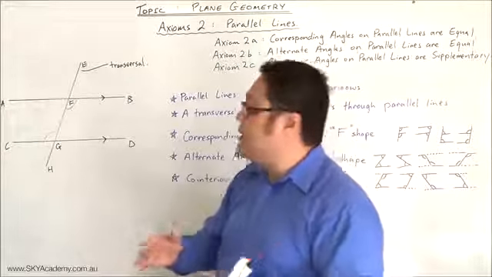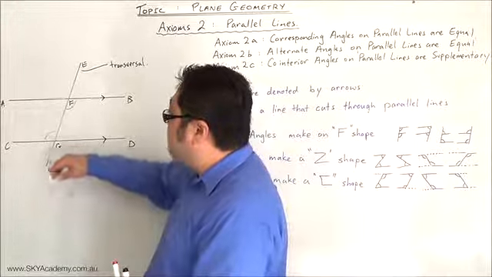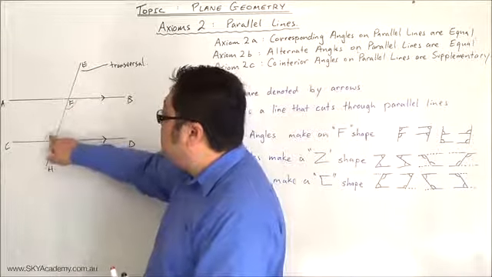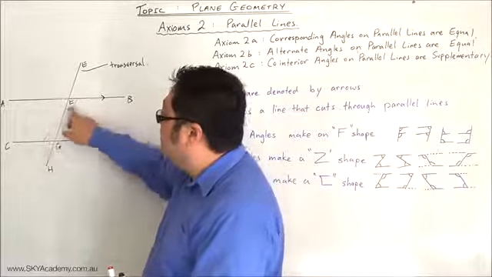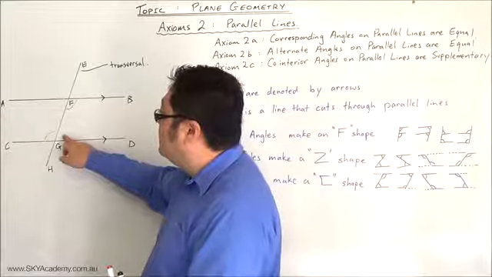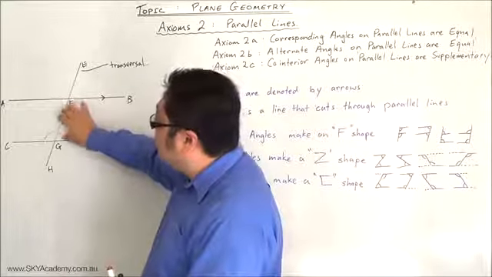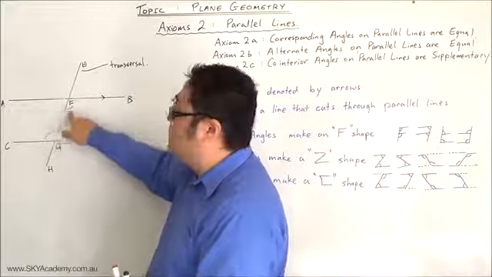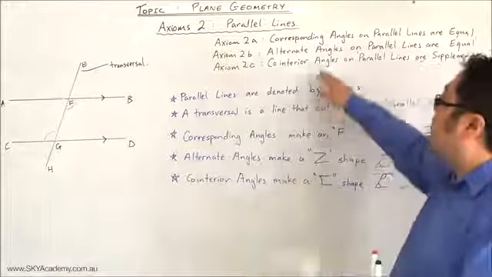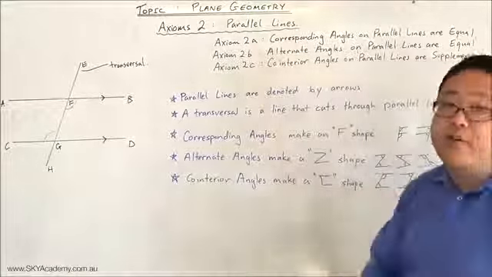And the reason why we can say that is these two angles here will make 180 degrees. These two angles are equal. This angle and this angle will equal 180 degrees. Therefore, this angle and this angle will equal 180 degrees because these two angles are the same. So co-interior angles are what we call supplementary. They're equal to 180 degrees.